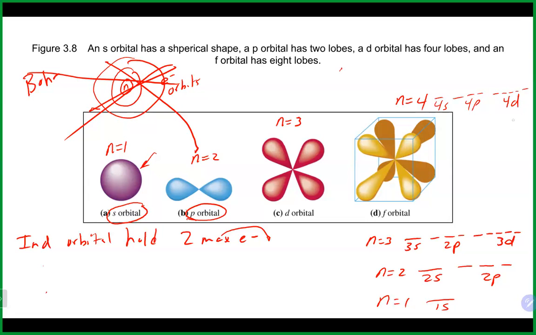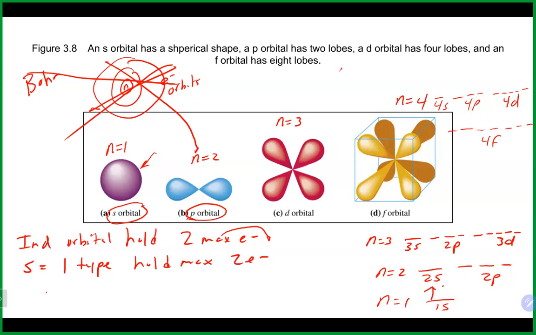I ran out of room, but I'll come underneath, but it's actually the same energy. And that is where we first start to see the f orbitals, if each of those lines represents an individual orbital.